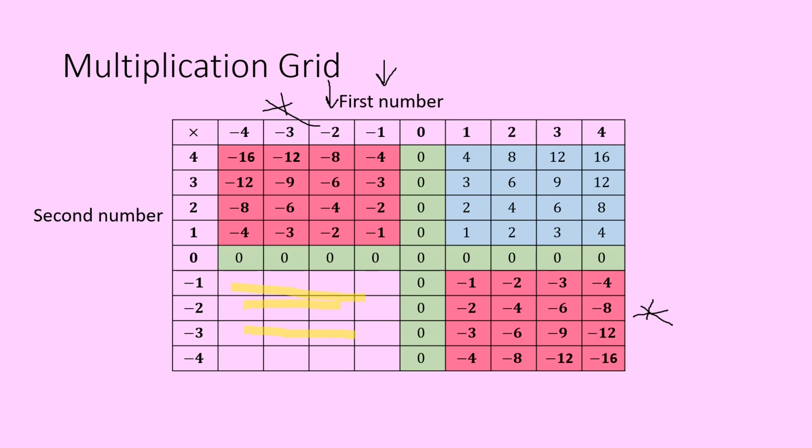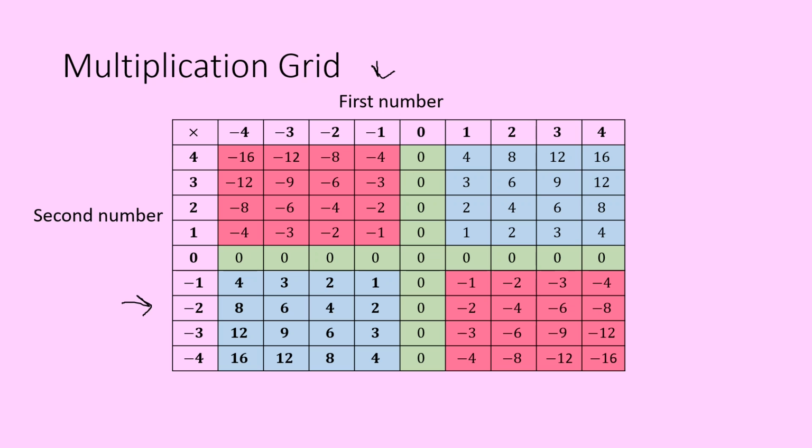So let's, as our next step, fill in these boxes. So we continued our pattern and for this column, we had -4, -3, -2, -1, 0, 1, 2, 3, 4. So in this blue region here, we had negative numbers times a negative number, and we got a positive answer.